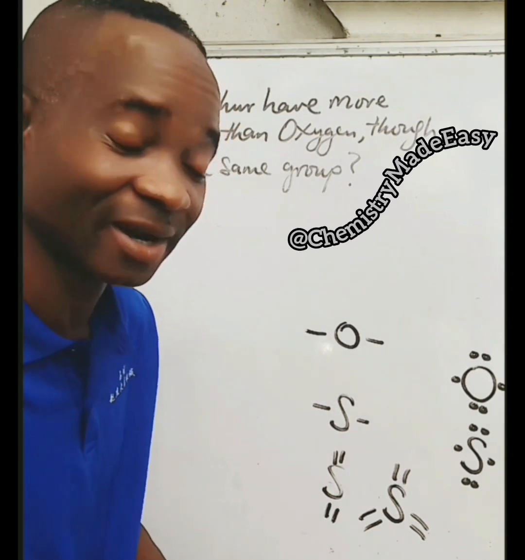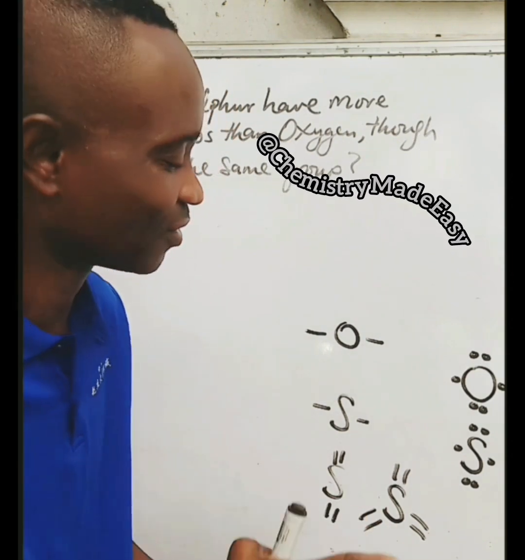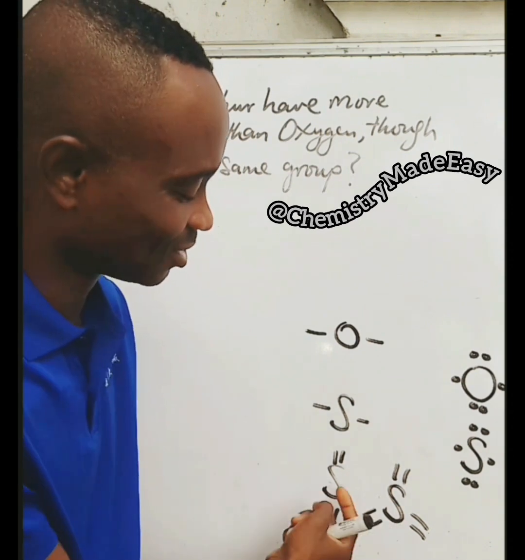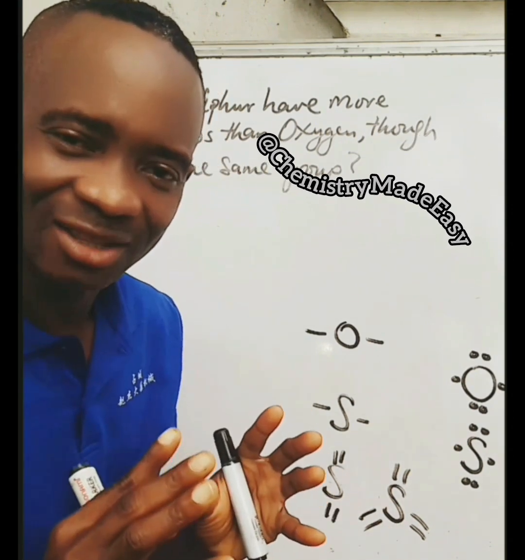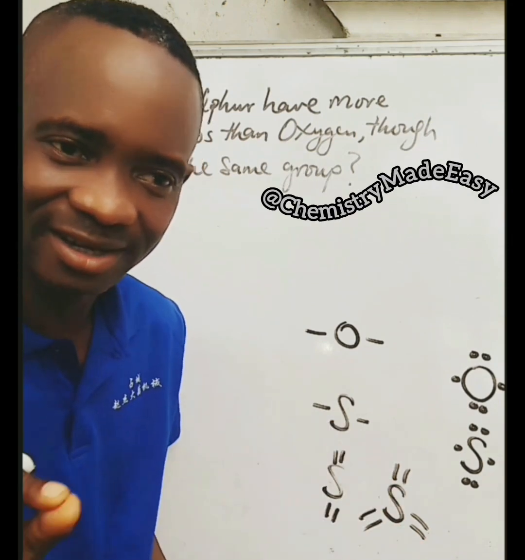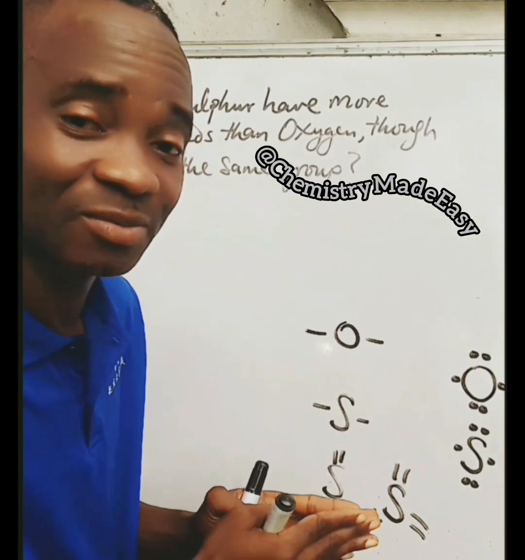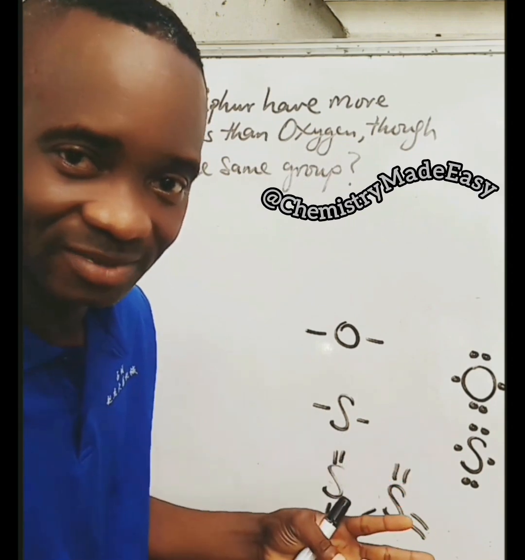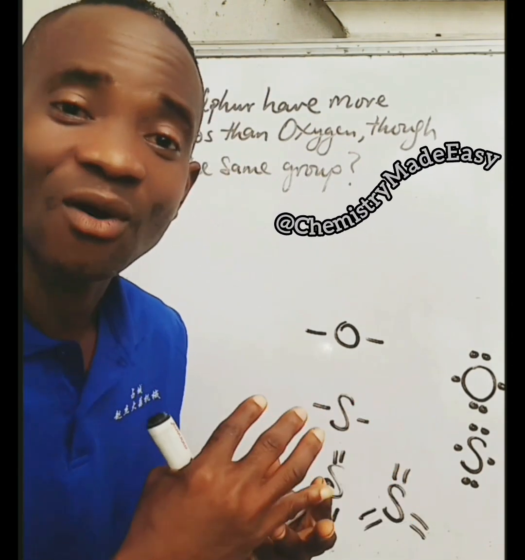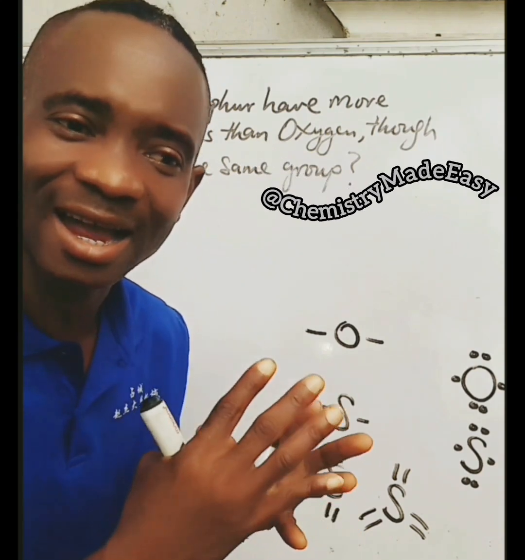Now let me answer it by drawing the orbital diagram of sulfur atom. But before I do that, I want to remind you why these two are possible. In the electronic structure of sulfur and also oxygen, there are empty 3d orbitals. But the difference between sulfur and oxygen atom is that the empty 3d orbitals of oxygen are more unstable. They are high in energy.